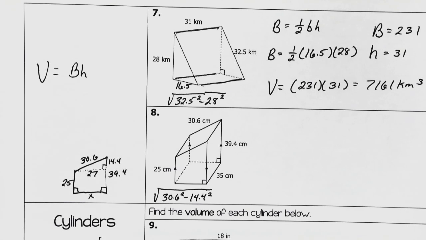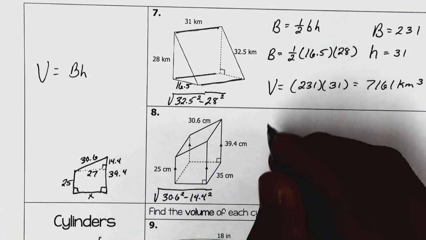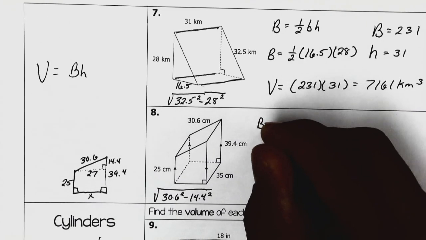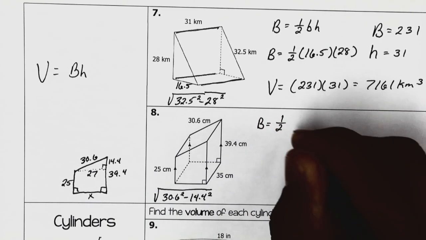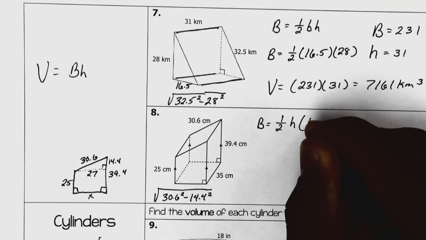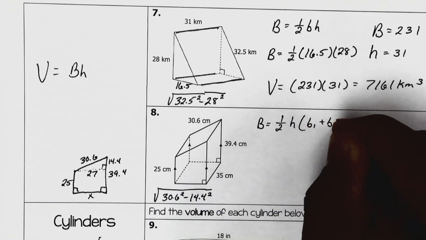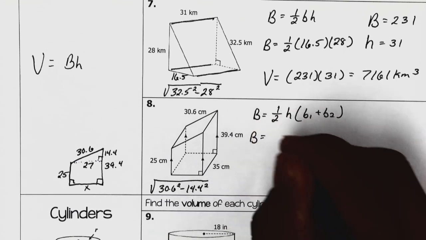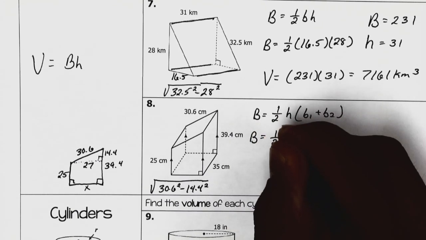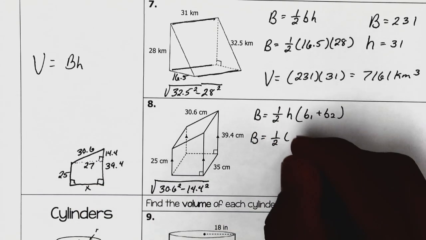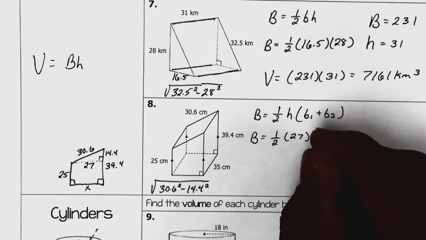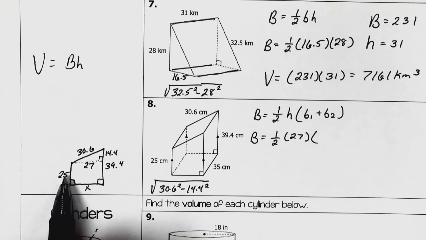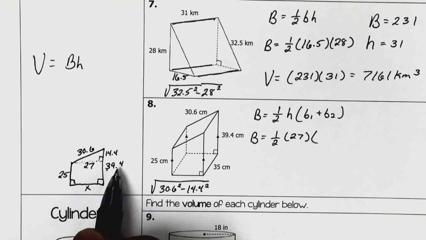So the height of the trapezoid is 27. Okay, so it is a trapezoid, so we're doing 1/2 times the height times base 1 plus base 2. So big B is 1/2 times the height, which is that 27 I got using Pythagorean theorem, times the two bases, which are the 25 and the 39.4.